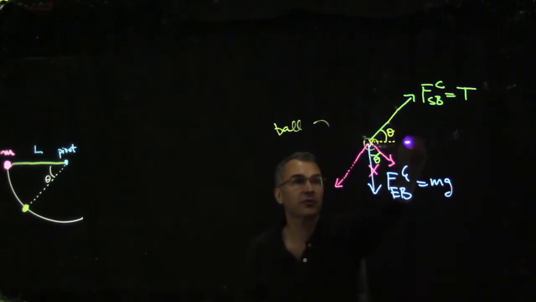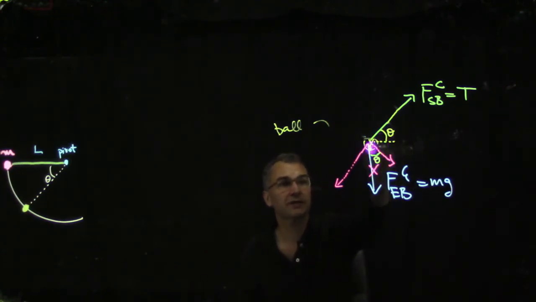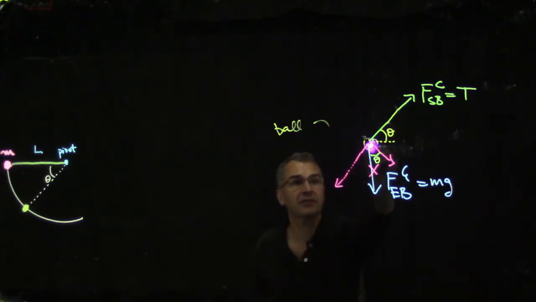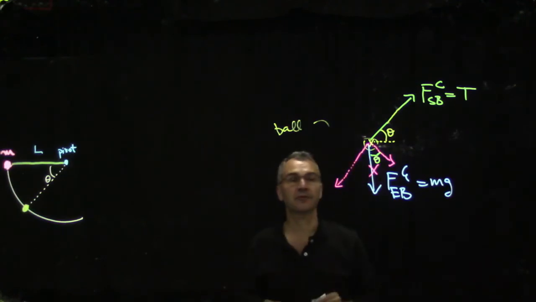So here's horizontal, 90 degrees away is gravity. Here's the string tension, which is in the centripetal direction. Then here is the tangential direction, 90 degrees away from that. So if this angle from the tension to the horizontal is theta, then this angle from the tangential to the vertical is theta. And then perpendicular to that is this radial component of gravity.